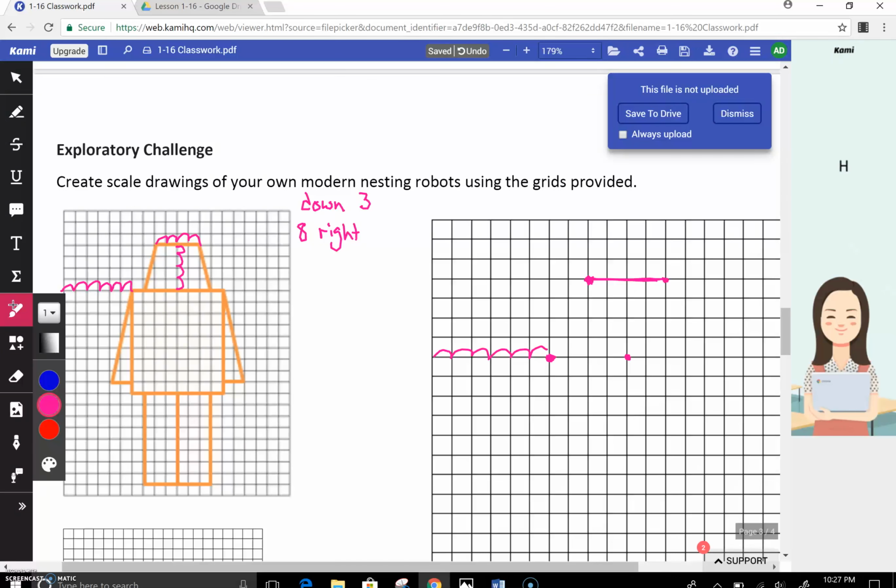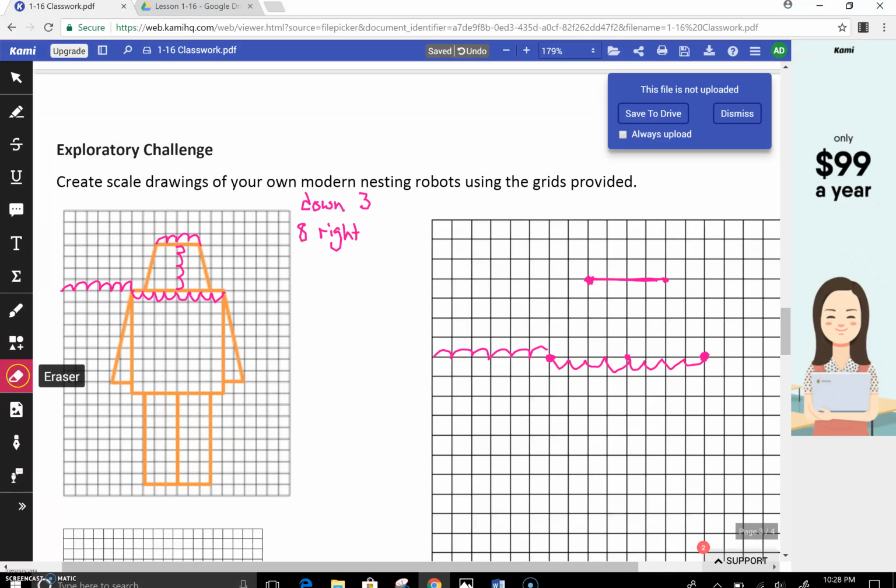And then I'm going to count how far across his shoulders go. 1, 2, 3, 4, 5, 6, 7, 8 units across. So here we go with that, 1, 2, 3, 4, 5, 6, 7, 8. I have to do a little bit of erasing here.